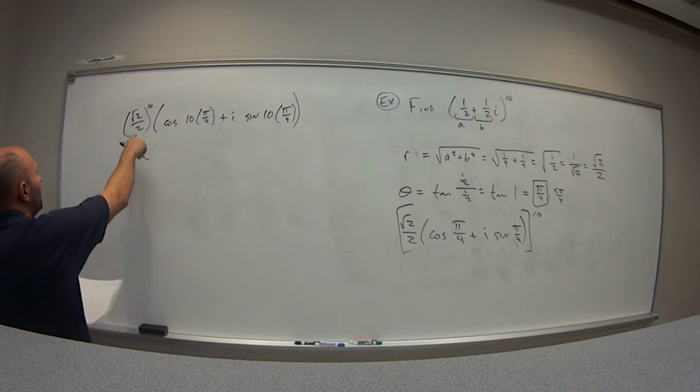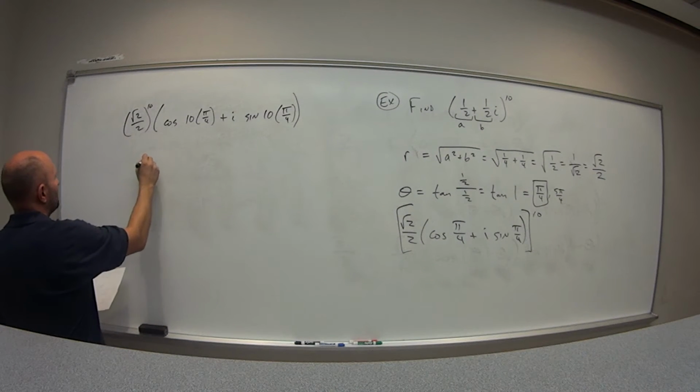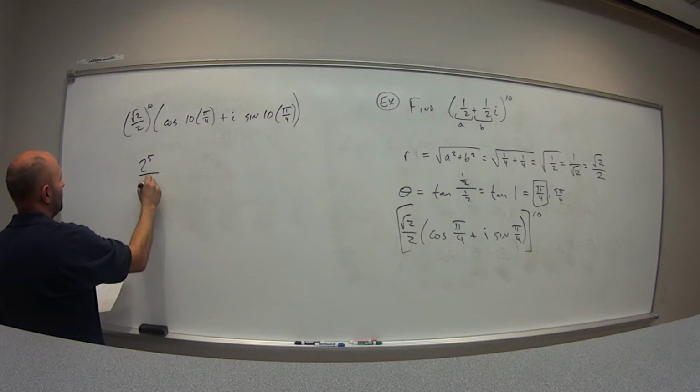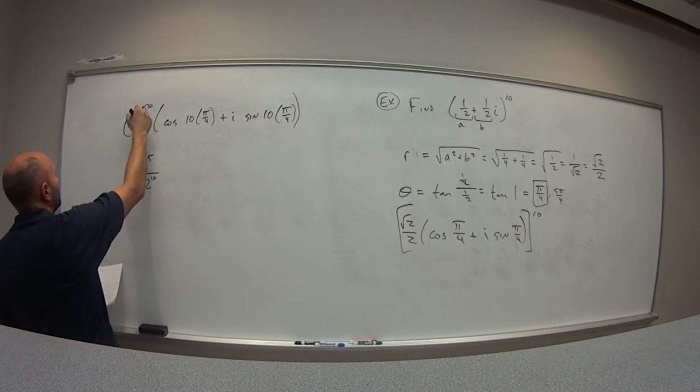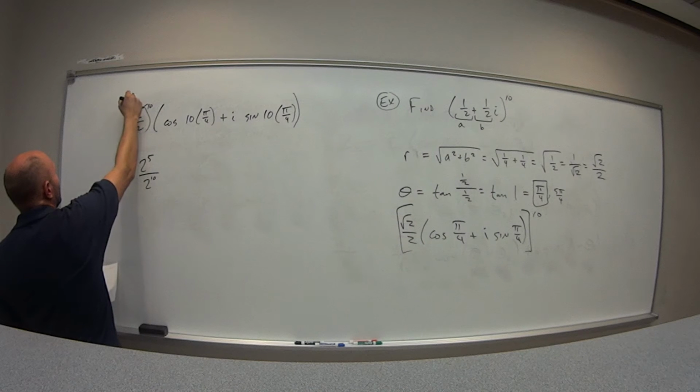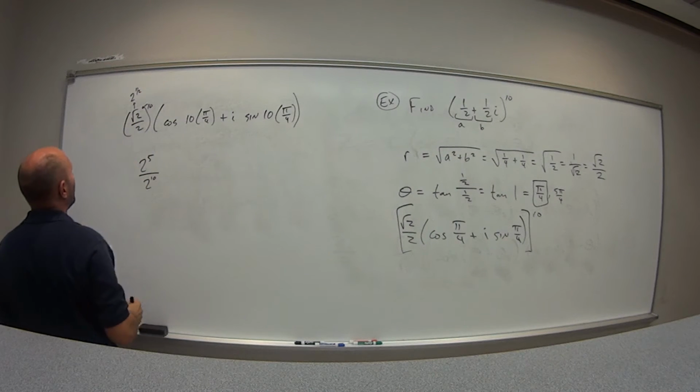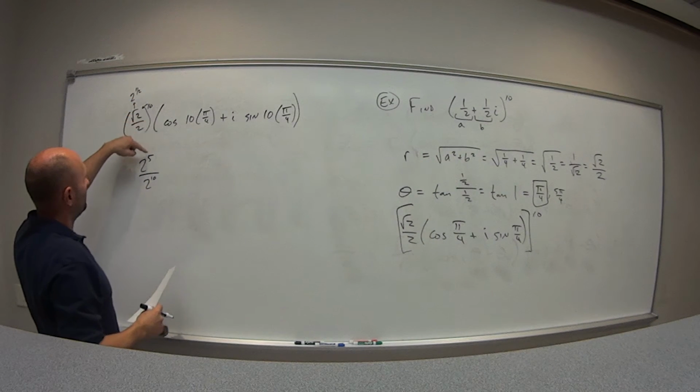Now when I simplify the first part, I get 2 to the 5th power over 2 to the 10th, since the square root of 2 in exponent form is 2 to the 1/2 power, and 1/2 times 10 is 5.